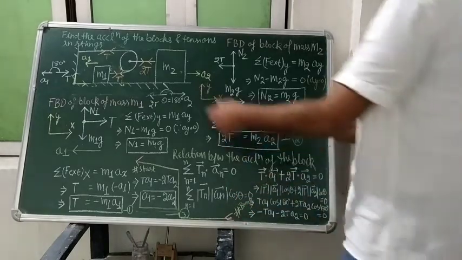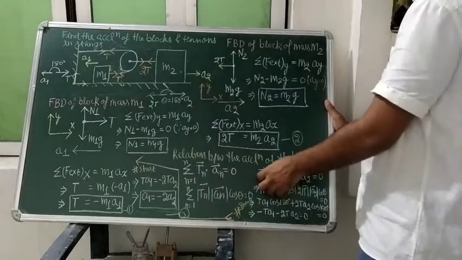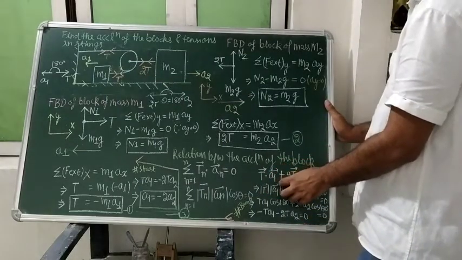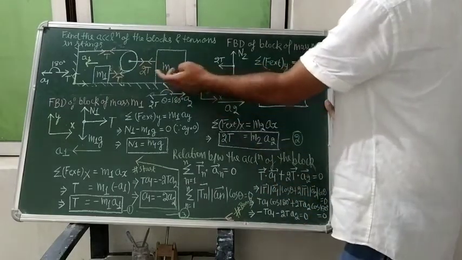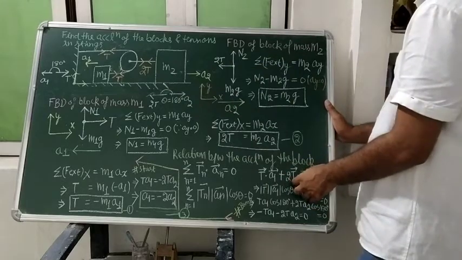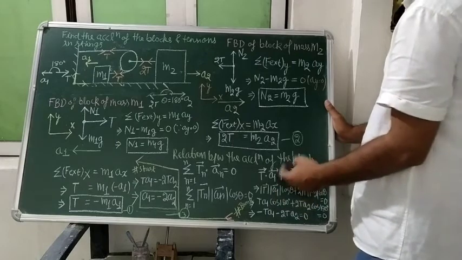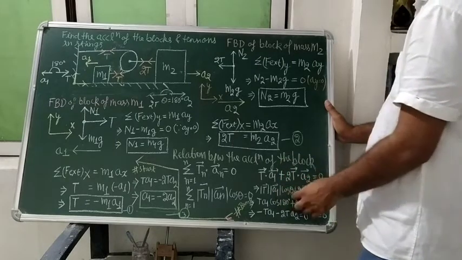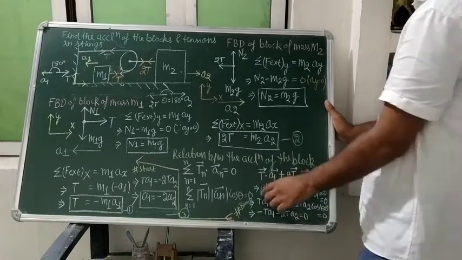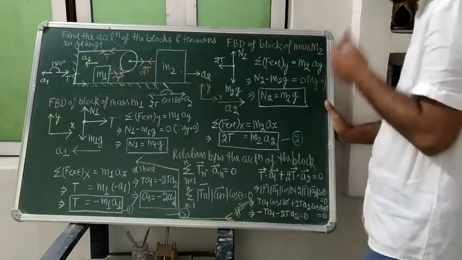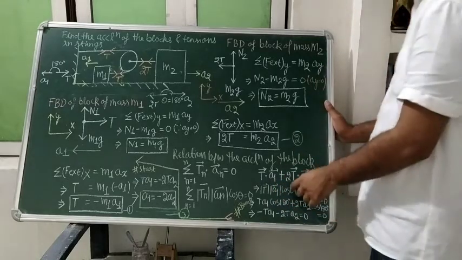So when we apply this for block M1, it will become T dot A1, and when we apply it for block 2, it will become 2T dot A2 vector, that should be equal to 0. When we remove the dot, we get cos theta here: the magnitude of the tension vector multiplied by the magnitude of the acceleration vector times cos theta.